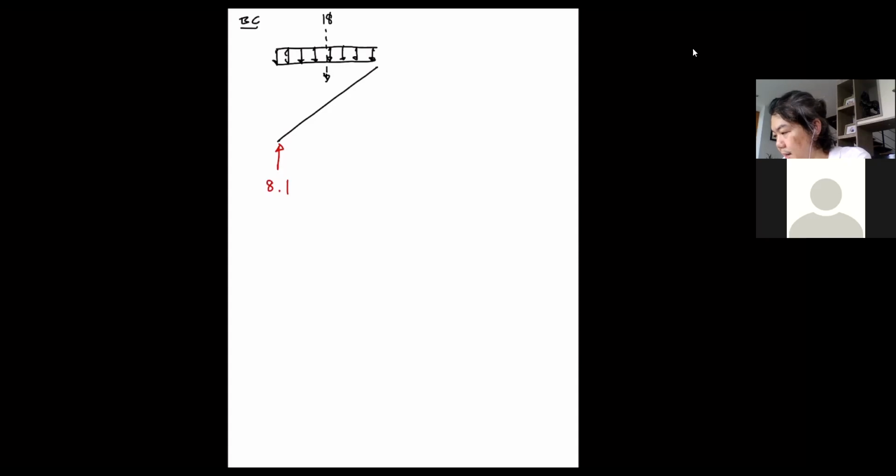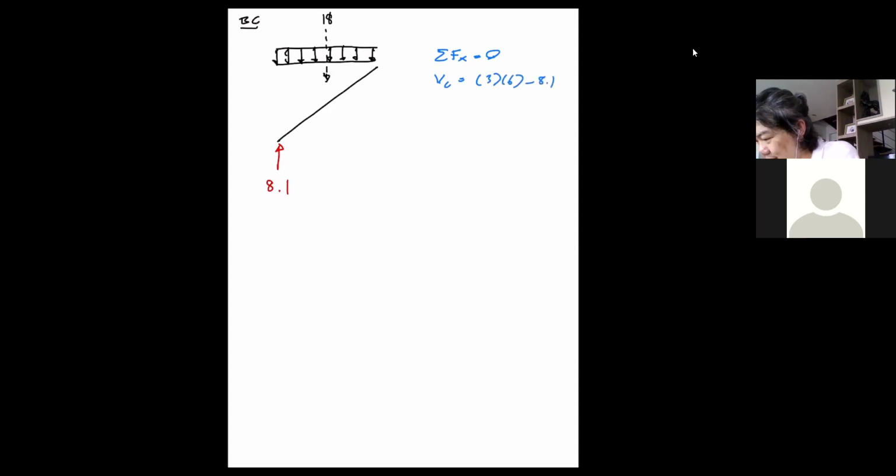So let's say by sigma Fx equal to 0, you can calculate your VC. It's going to be 3 multiplied by 6 minus 8.1.